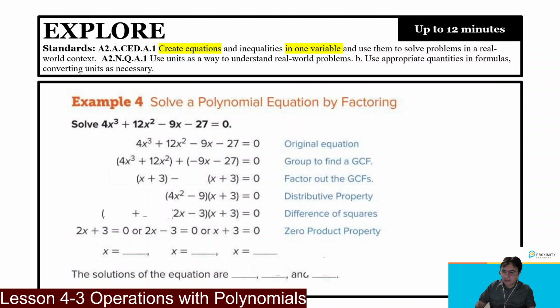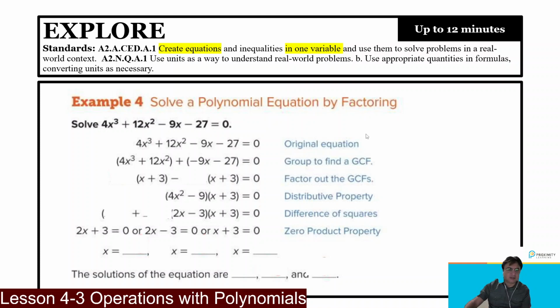Alright, let's look at an example of how we solve polynomial equations by the factoring techniques that we just looked at. So here we have a polynomial equation, 4x cubed plus 12x squared minus 9x minus 27 equals 0.